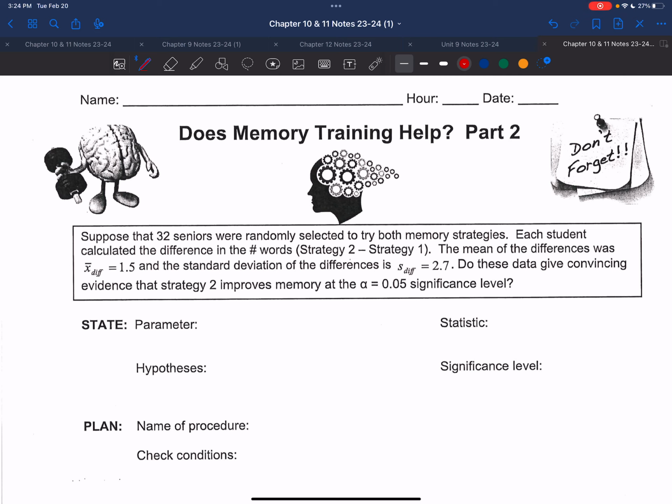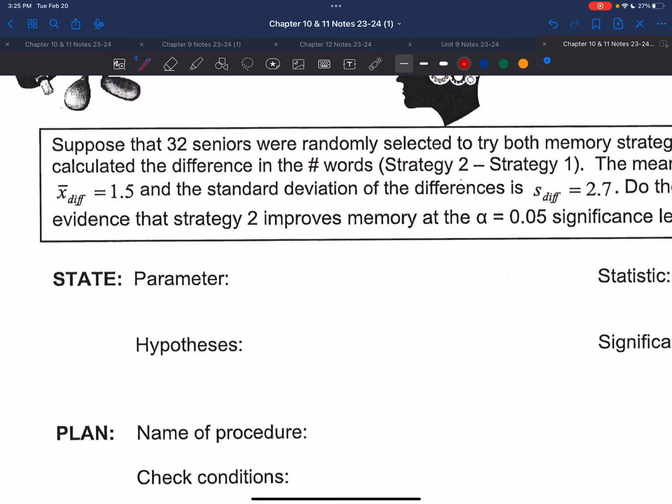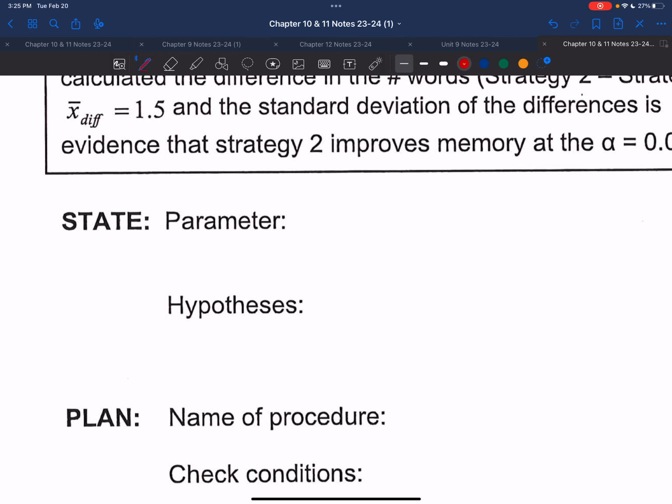So let's say I'm trying to construct a hypothesis test for this data. So in my state section, I need to identify my parameter. So in this case, it's mu sub diff, okay? So mu sub diff represents the true mean difference in words.